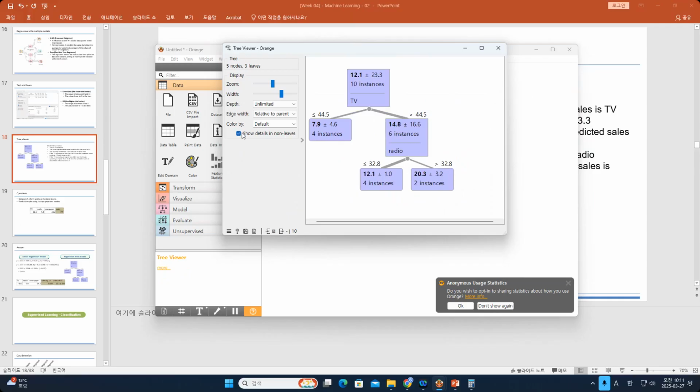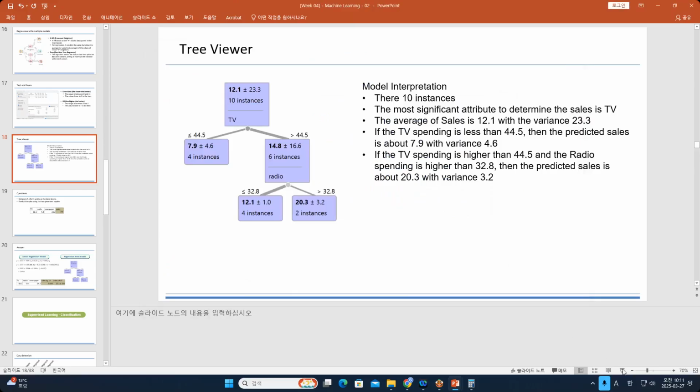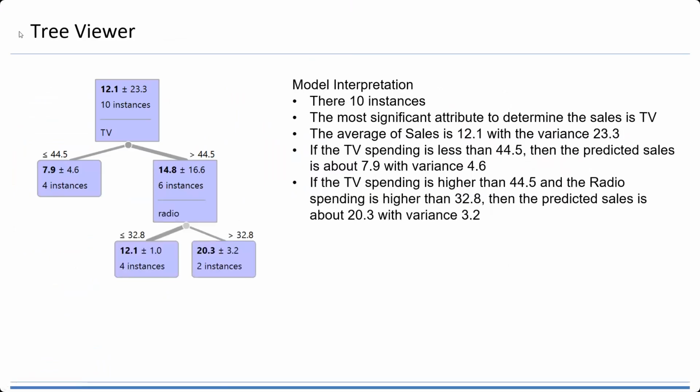So what does it mean? Let's look at this detail. In this case, we have 10 instances. Before, I mentioned that I selected 10 data, 10 rows. The most significant attribute to determine the sales is TV.